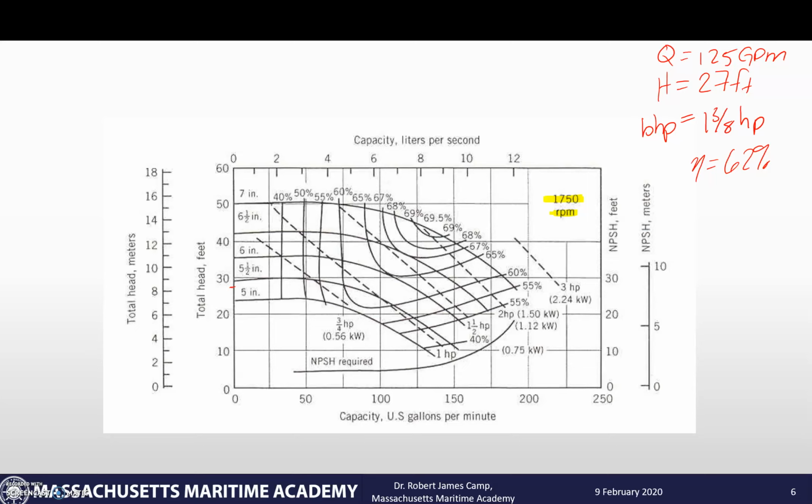So find that, and write down the head, the brake horsepower, and the efficiency for this guy here. Let's clean this out. So I want you to do it at Q equals 100 GPM and the 6.5 inch impeller. Why don't you take a couple minutes to do that, and then we'll pick it up in the next video.